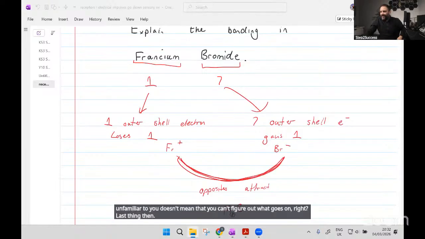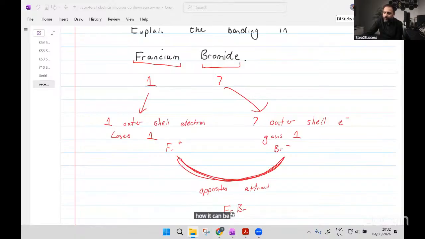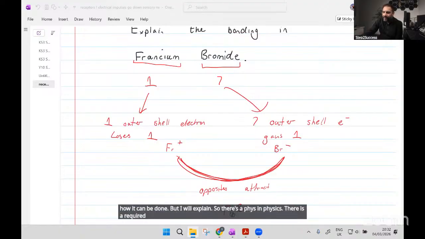The required practical with mass and the trolley is tricky, that one, because it varies a lot in terms of how it can be done. But I will explain. So in physics, there is a required practical to do with acceleration. And it looks a bit like this.